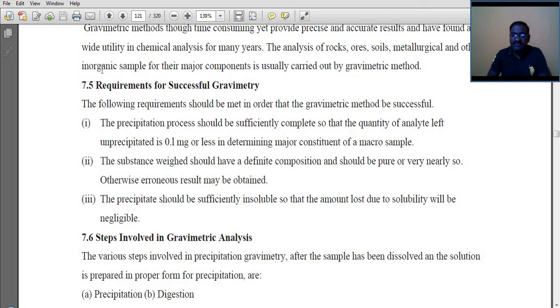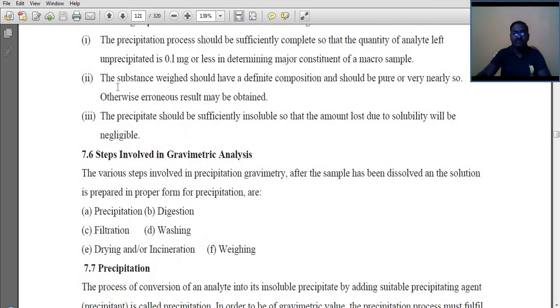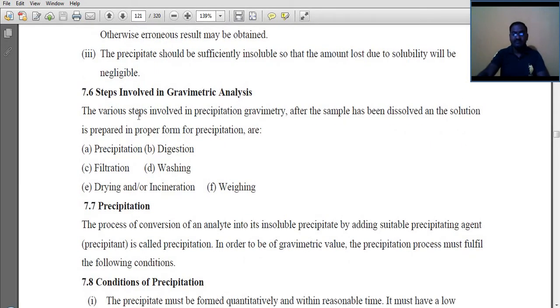The substance weighed should have a definite composition and should be pure or very nearly so, otherwise errors in the result may be obtained. The precipitate should be sufficiently insoluble so that the amount lost due to solubility will be negligible. These are the requirements for successful gravimetry.